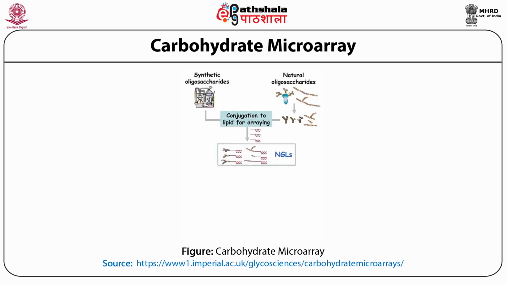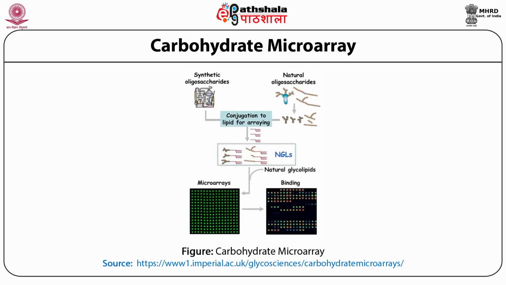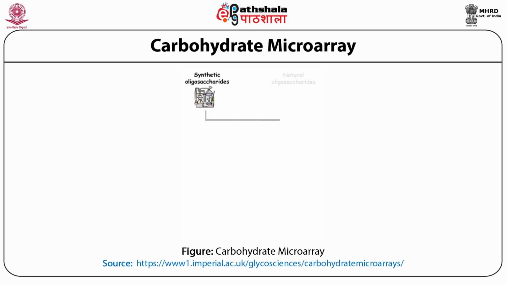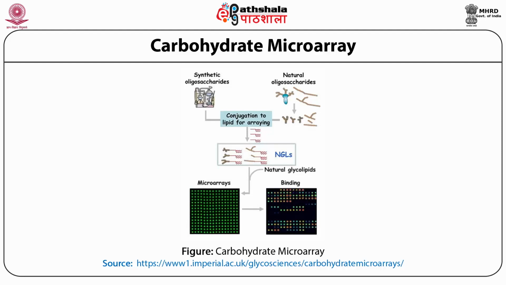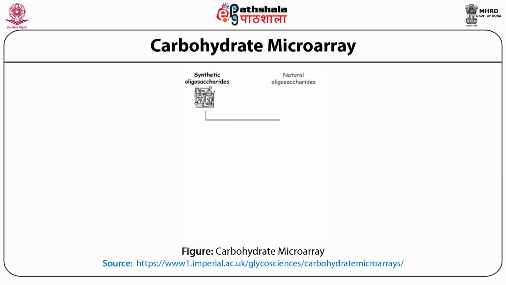The neoglycolipid-based oligosaccharide microarray was developed in 2002, containing sequence-defined oligosaccharides. It has been useful for demonstrating that oligosaccharides are involved in diverse molecular interactions and that, either directly or indirectly, they are involved in the majority of diseases.